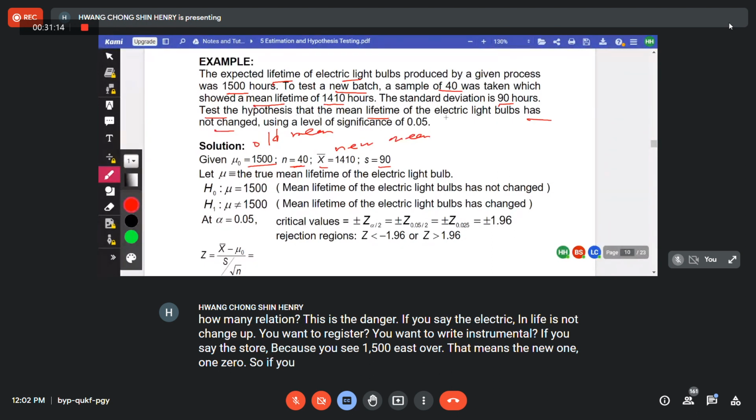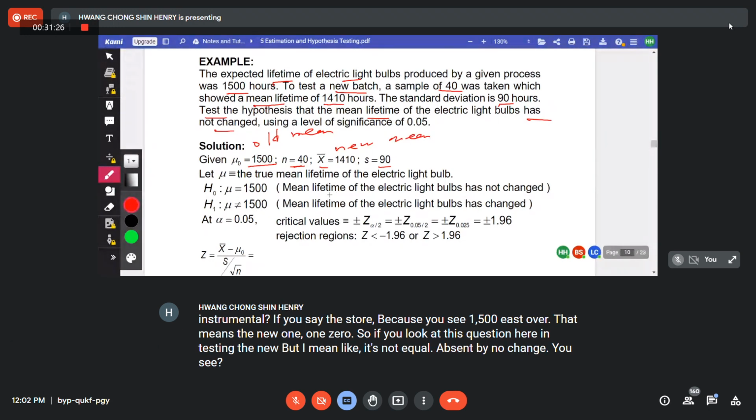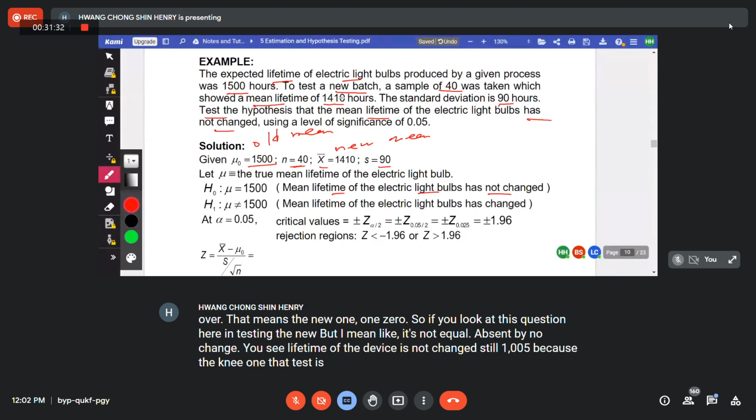If you look at this question carefully, actually it's testing whether the mean life is not equal to 1500. No change, you see? The lifetime of the bulb has not changed, still 1500. Because the new one that we test is 1410, the old one is 1500. So not changed means still equal to 1500.